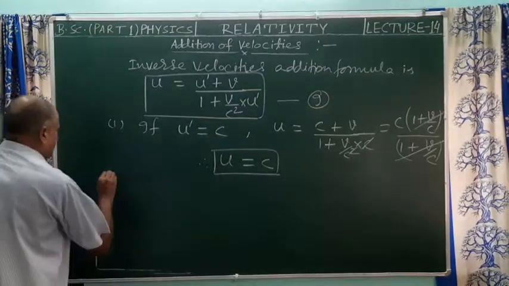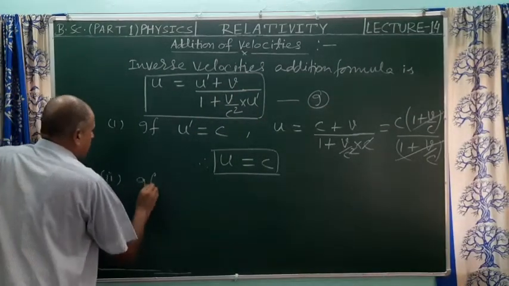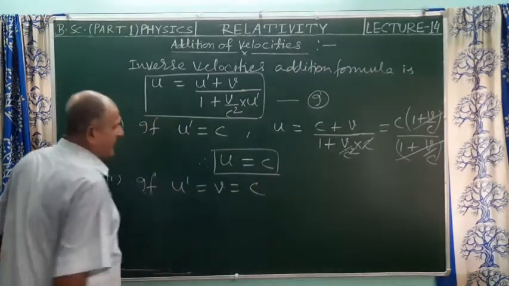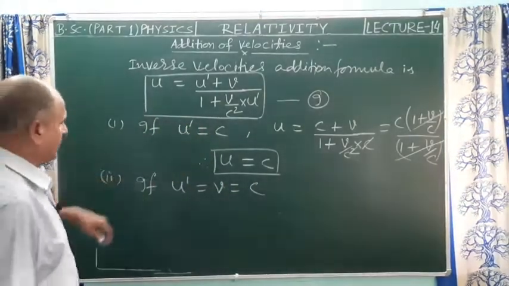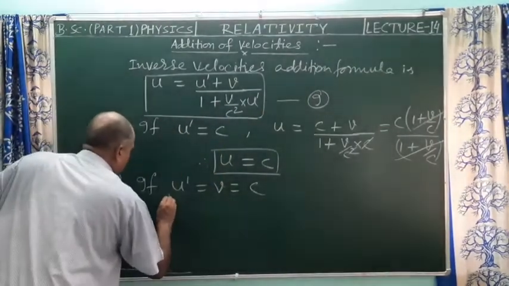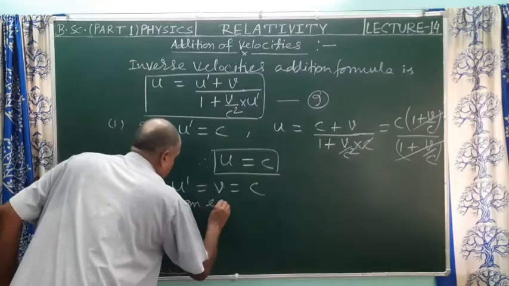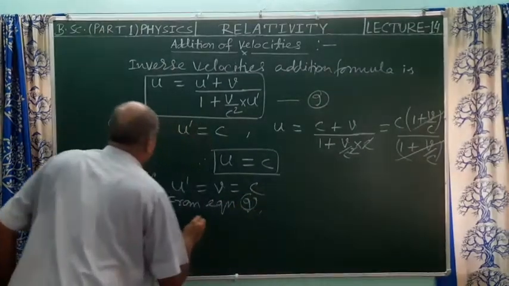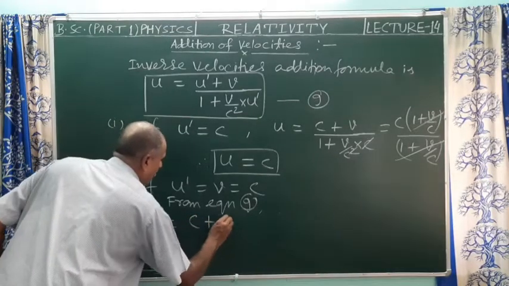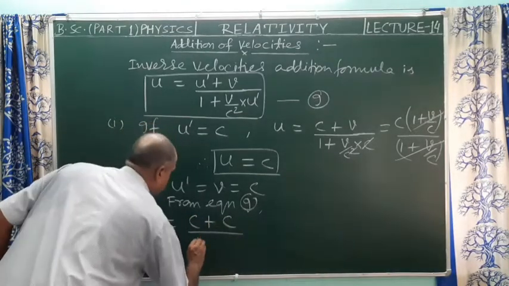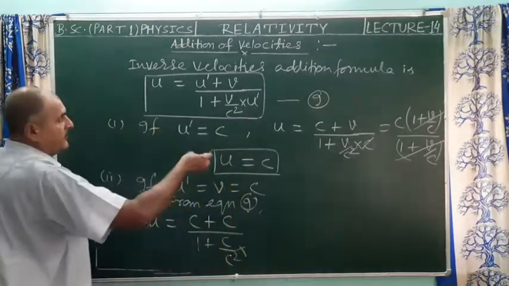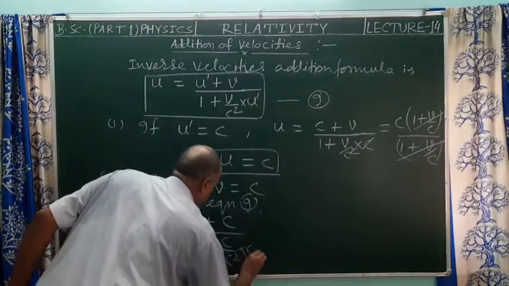So in the second situation, if u dash and v both equal the speed of light in vacuum, that is 3 into 10 to power 8 meter per second, then from equation 9 we have u equals u dash is equal to c, v is also taken as c, 1 plus v is c upon c square, and u dash, the speed of the object in frame s dash, is also c.